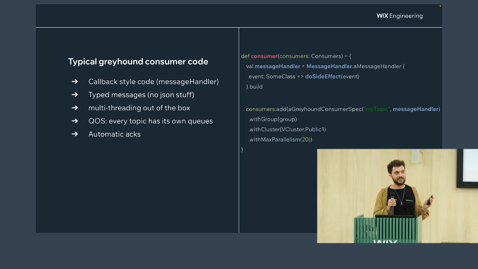We're doing multi-threading out of the box for you. It means that when you use Greyhound, we have different workers managing different queues for each topic, which allows you to avoid this busy neighbor situation that we talked about before. And you can control the parallelism of this, and we do the commits for you. So all the boilerplate that we've seen before, you don't have to deal with any of that now.